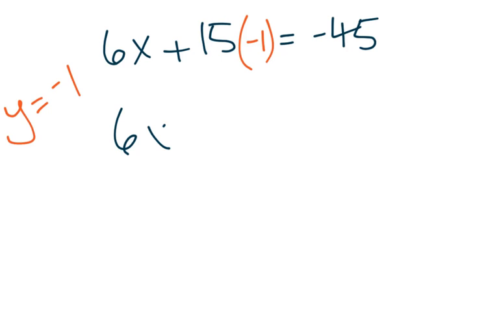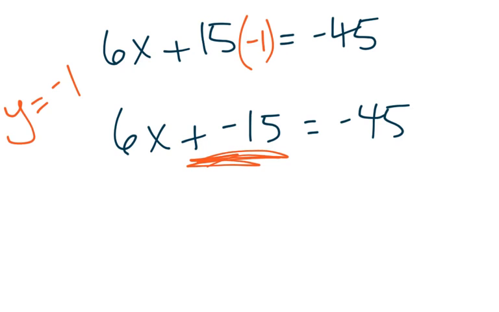And then we have 6x plus 15 times -1 is -15. I can write it the way it's written here, or I can write it just -15. And I think that it's easier if you do write it like that.